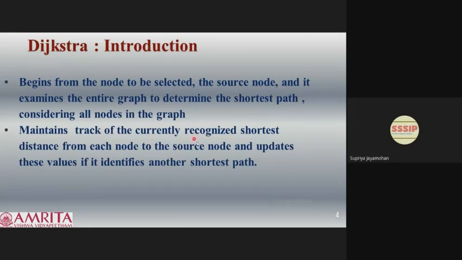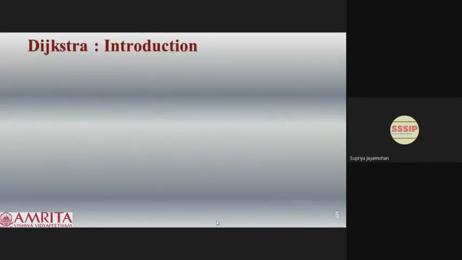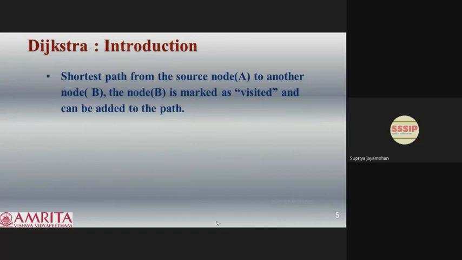As it moves from each source to the next one, it keeps trying to identify the shortest path. Basically, Dijkstra is based on greedy best first search algorithm, unlike A star, which is based on best first search algorithm. So here, if you look at the basic idea of how we are going to move on with Dijkstra, it is almost similar to what happens in A star.